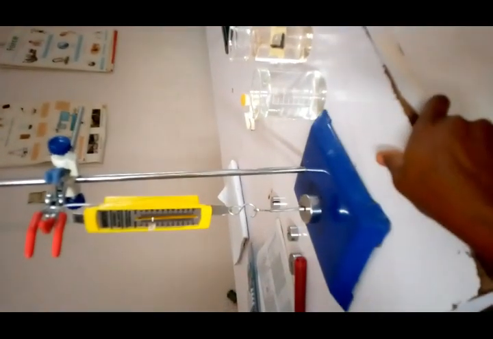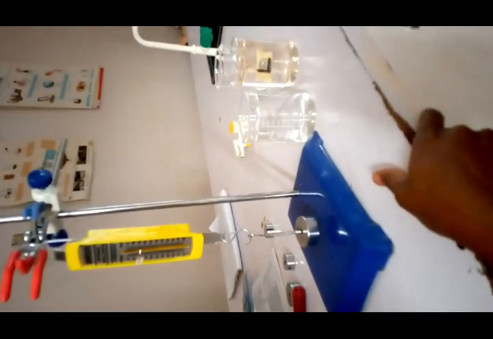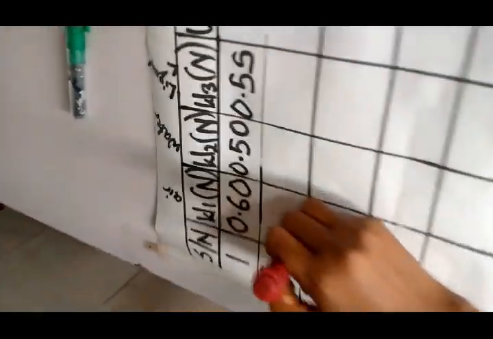Based on what I'm seeing here, it is 1.1. So I'll take my reading as 1.10, to 2 decimal places.